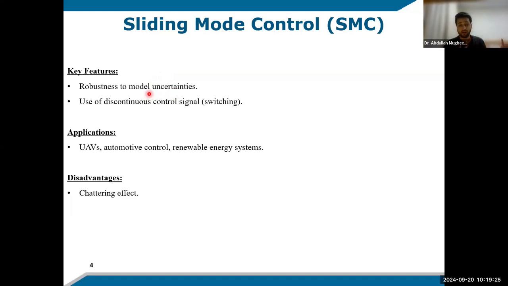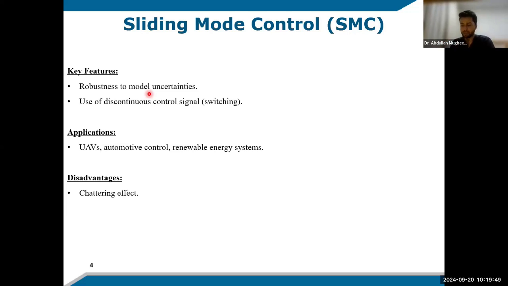If I have a robotic car, an electric vehicle, and I use mathematical equations to represent its behavior, those equations may represent the behavior up to an accuracy of 90%. There exists an error of 10%. I would say that the model may have some uncertainties and it is not 100% accurate.